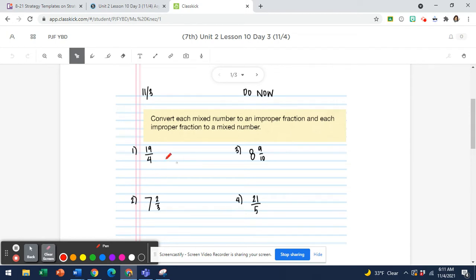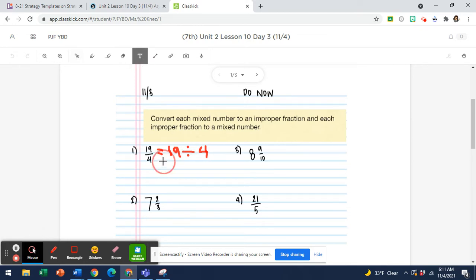The first thing we've been reviewing in class is that to convert an improper fraction to a mixed number, we can simply divide the numerator by the denominator. So in this case, we'd be dividing 19 divided by 4. I know that 19 divided by 4 is 4 with a remainder of 3. And knowing that remainder is going to help me out quite a bit because the remainder is how I figure out where my fraction comes in.